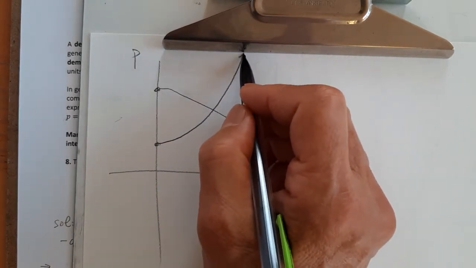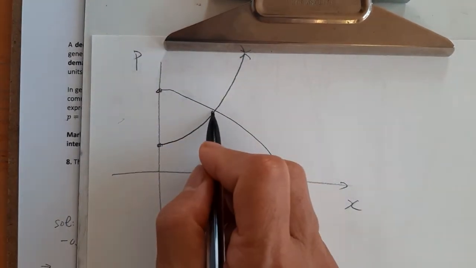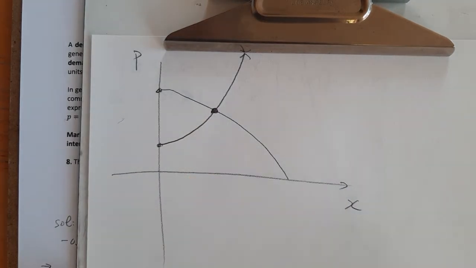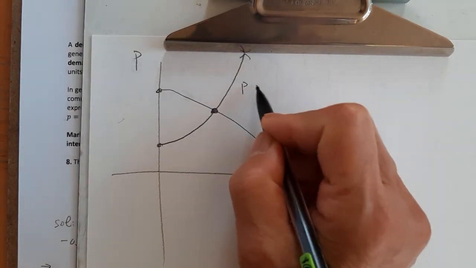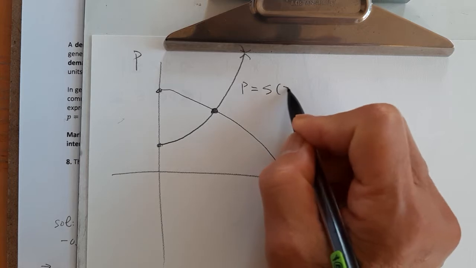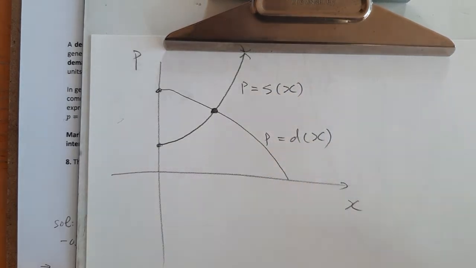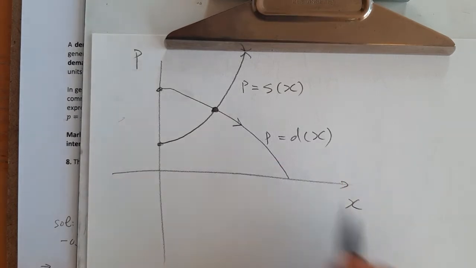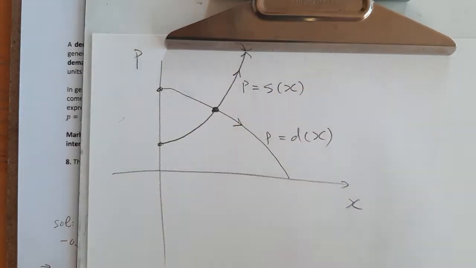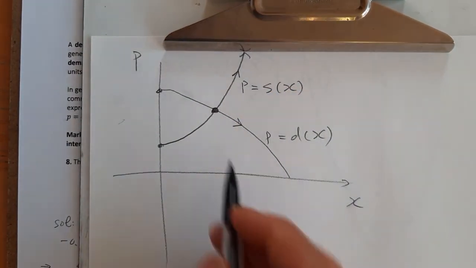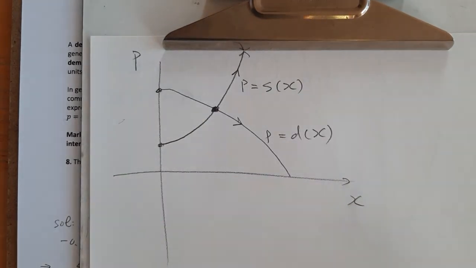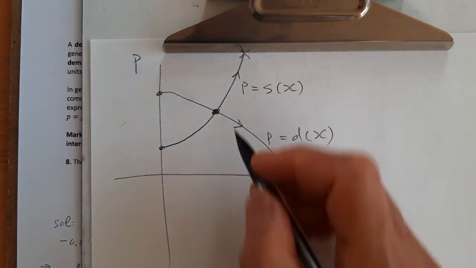That's the supply function. The two have an intersection point. So this is p equals supply of x. This is p equals demand of x. Demand functions are decreasing functions, supply functions are increasing functions, and the two intersect at one point.